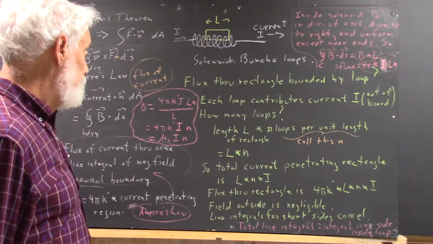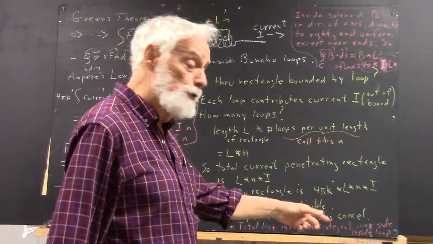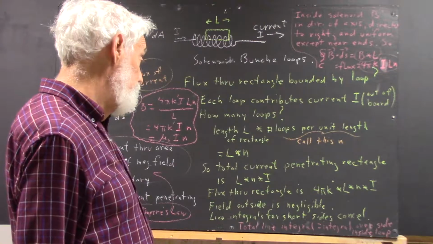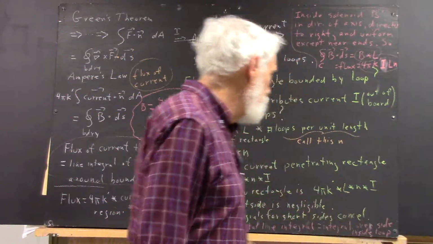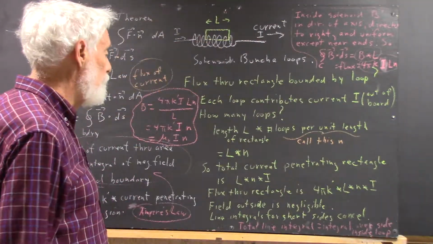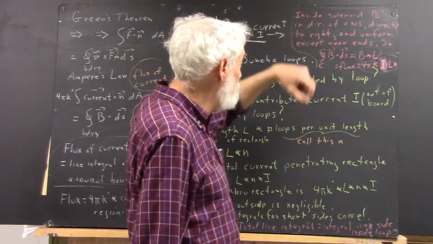Again, the argument is that the field outside is negligible, and the line integrals for the short sides cancel. So the total line integral is just the integral over the side of the rectangle inside the loop, which is what I said earlier. I ran out of space, but I wanted to stay on the same board, so I went up here.